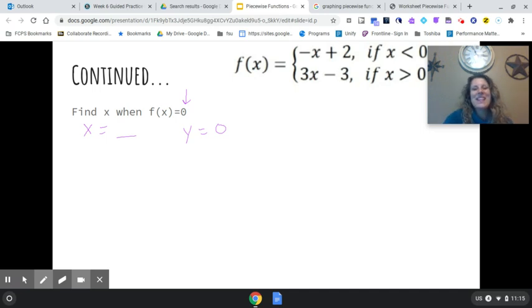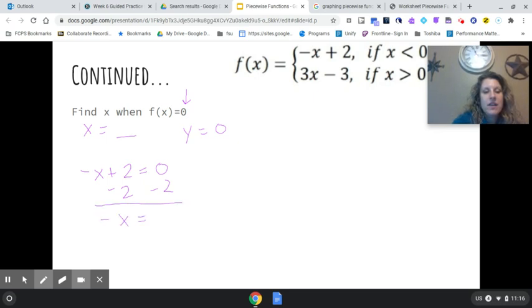So let's take a look at the top function. It says -x plus 2, and we want that again to give us an output of 0. Solving this equation, we're going to subtract 2 from both sides and get -x, or the opposite of x, is equal to -2, and divide both sides by -1. So we get x equals 2.